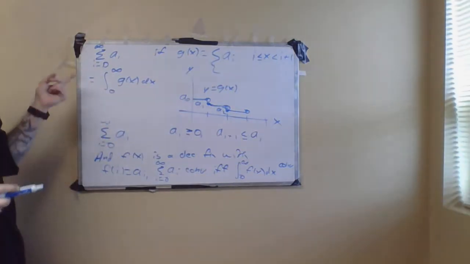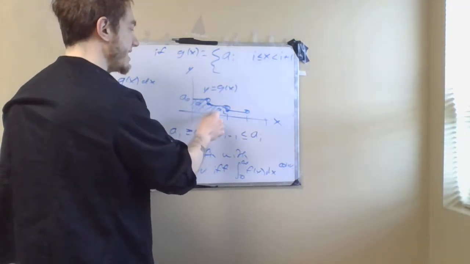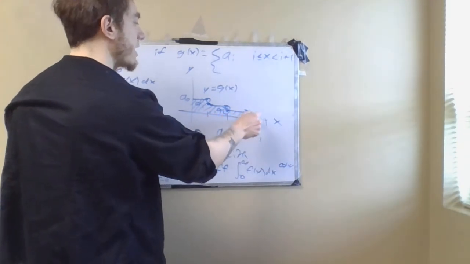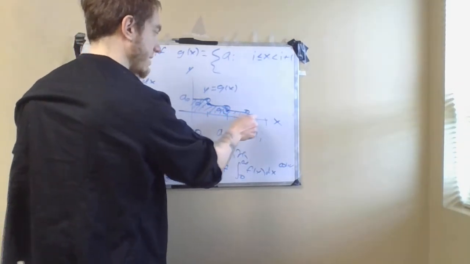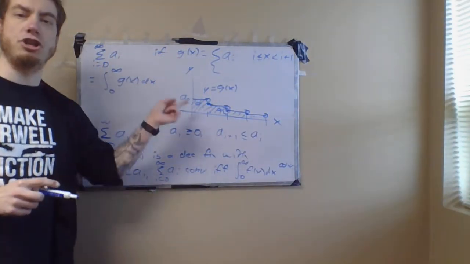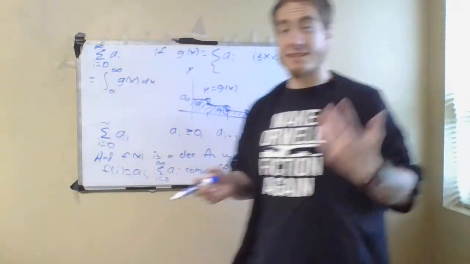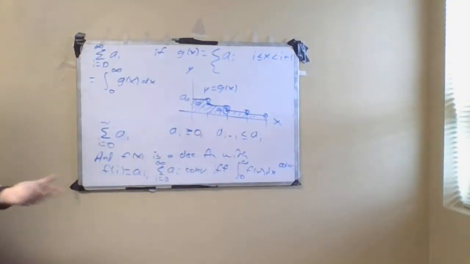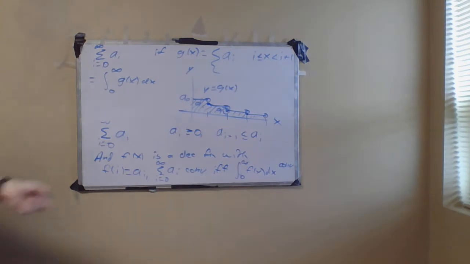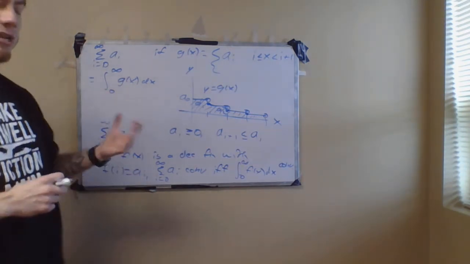This sum is really just going to give me the total area under all of these rectangles, and we're going to keep on going. That's the same as the integral of this g of x function. So you can think of these infinite series as integrals in their own right, and integrals of these piecewise constant functions are what give rise to these series.